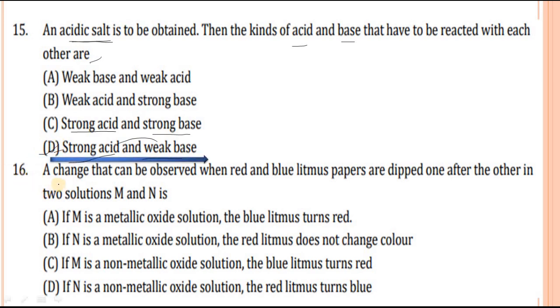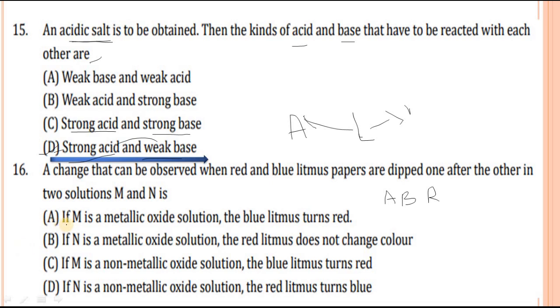Question number 16. A change that can be observed when red and blue litmus papers are dipped one after the other in two solutions M and N is. Students, here you should know that in acid, blue litmus will change its color into red. Metallic oxides are basic in nature and non-metallic oxides are acidic in nature.